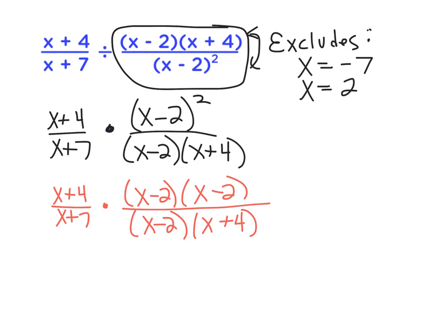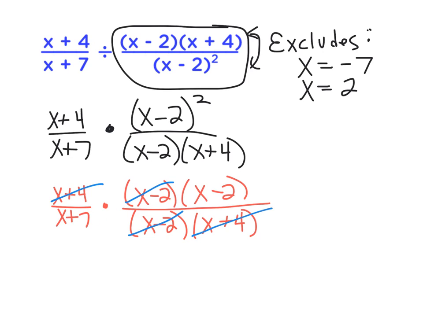But what that does for me is it makes it very simple to see that I have x minus 2 on top and bottom. And then I can also look at this and say, well, I've also got an x plus 4 on top and an x plus 4 on bottom. So I have a couple of things that I can cancel out. And then I only have one term left on top and one term left on bottom.